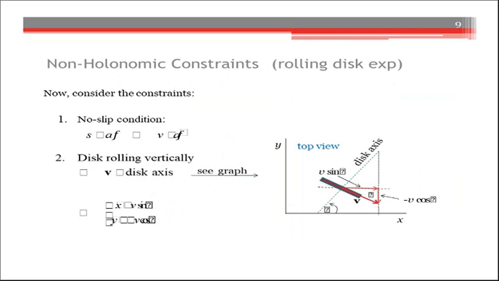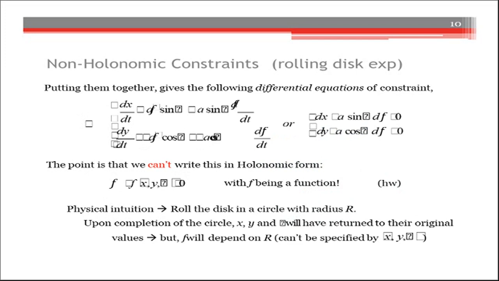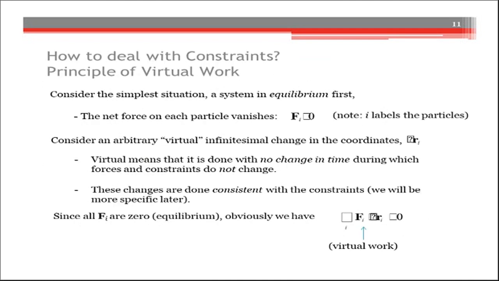Let us consider the no-slip condition for the rolling disk, shown by the equation, and we explain this condition. After solving the equation, we get this type of equation.